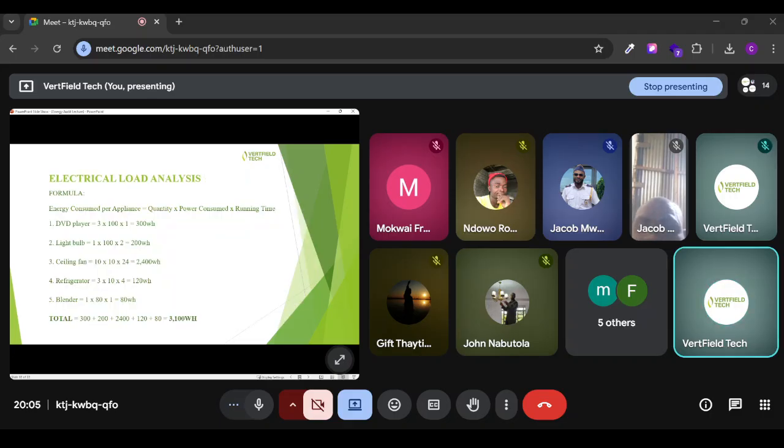Let's go. For the DVD player, 3 multiplied by 100 by 1 gives you 300 watt hour. For the light bulb, 1 multiplied by 100 by 2 gives you 200 watt hour. For the ceiling fan, 10 multiplied by 10 by 24 gives you 2400 watt hour. For the refrigerator, 3 multiplied by 10 by 4 gives you 120 watt hour. For the blender, 1 multiplied by 80 by 1 gives you 80 watt hour.